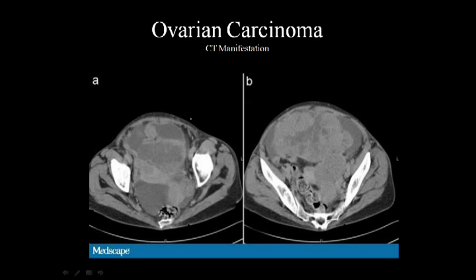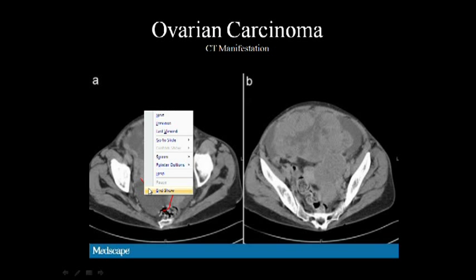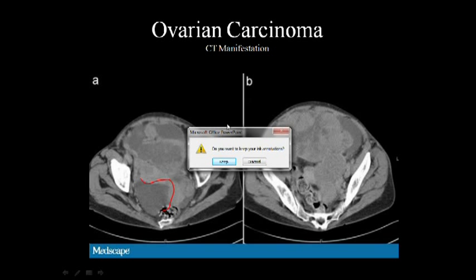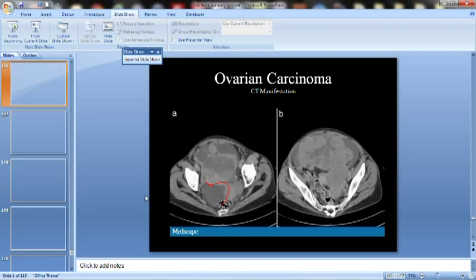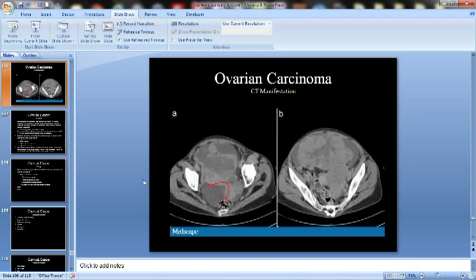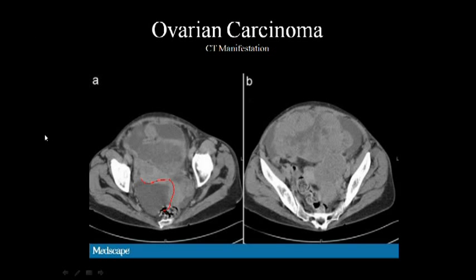Here's another image at varying slices. We see that we potentially could have free pelvic fluid here. So we'll say that this is P, pelvic fluid.